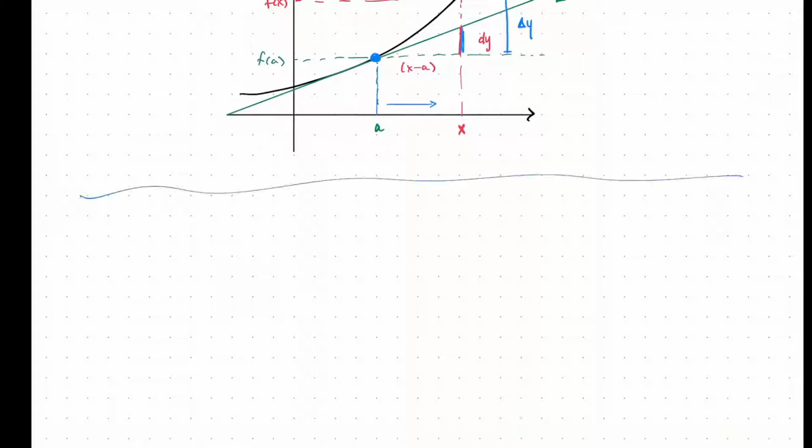So how do we put this into practice? I'm going to give you a very simple example. Let's say that we're manufacturing cubes of side length 5 centimeters.